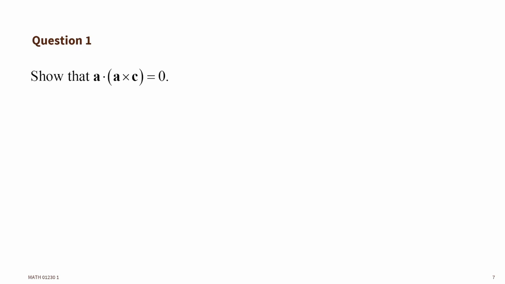Show that A dotted with A cross C equals 0. Actually, there's two ways I can do this. There's a hard way and there's an easy way.